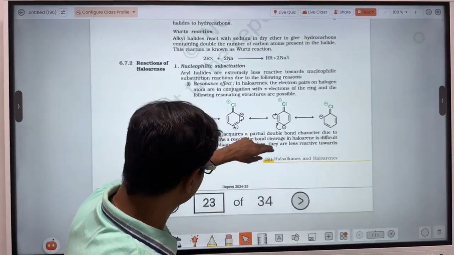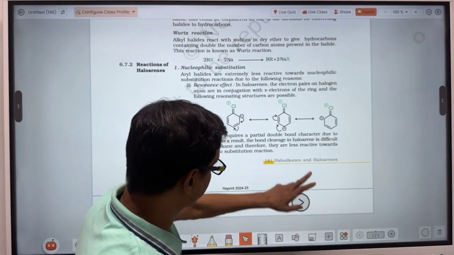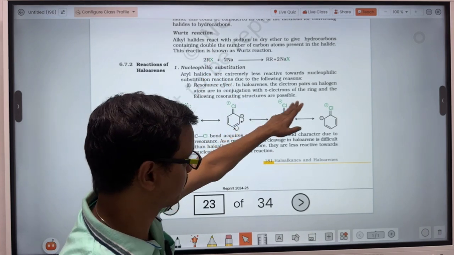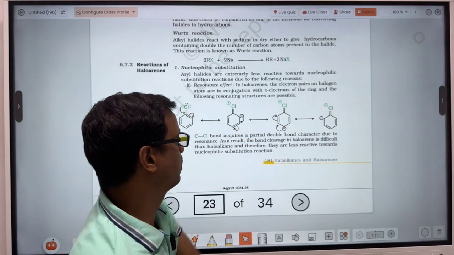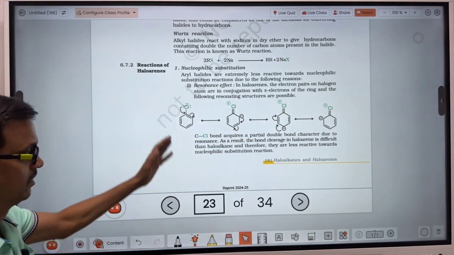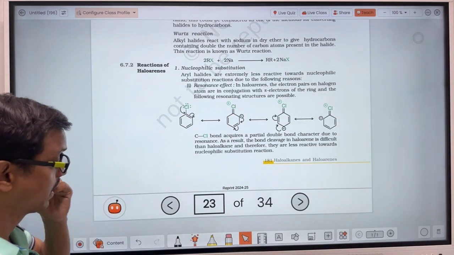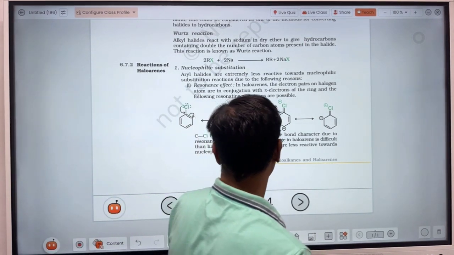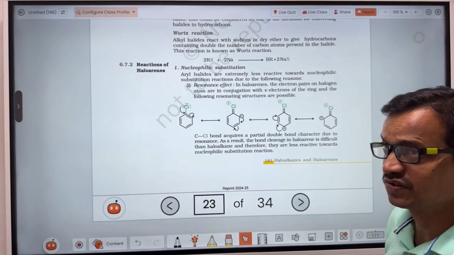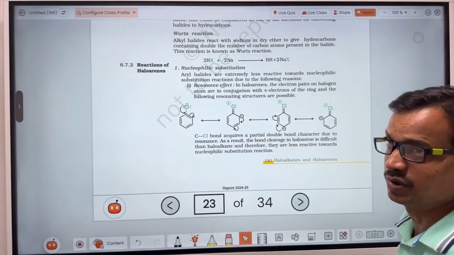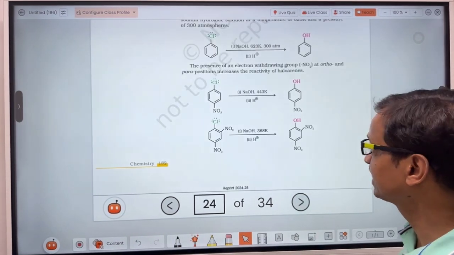One reason is that due to the resonance, there will be partial double bond character between carbon and halogen, and hence the bond dissociation enthalpy will be more. As a result, a greater amount of energy is required to dissociate the bond. So one reason is that.